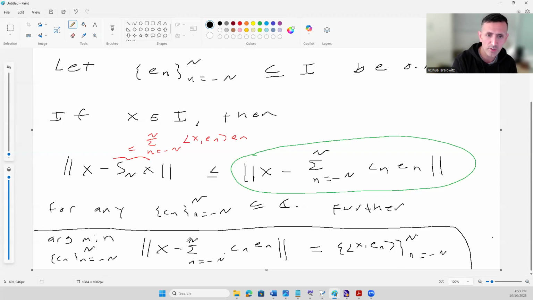This Fourier coefficient solves this minimization.